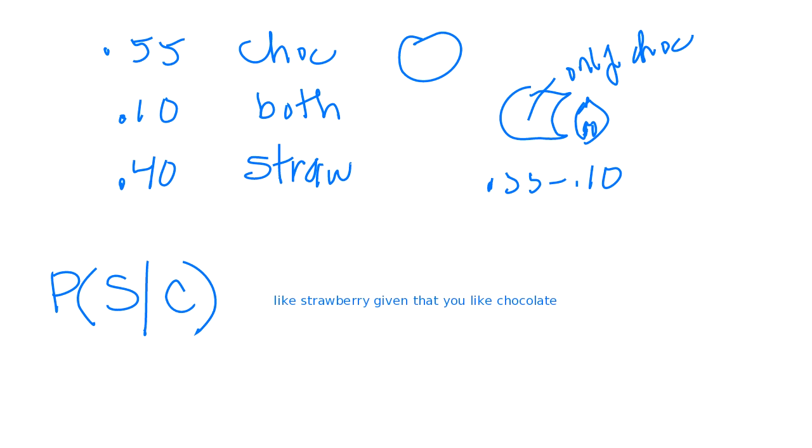If it's given that you like chocolate, you already know you like chocolate. Okay, this is known. Then it has to come out of the 55%.